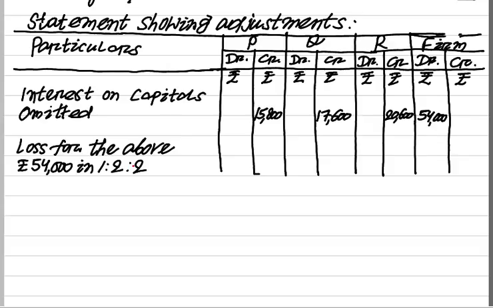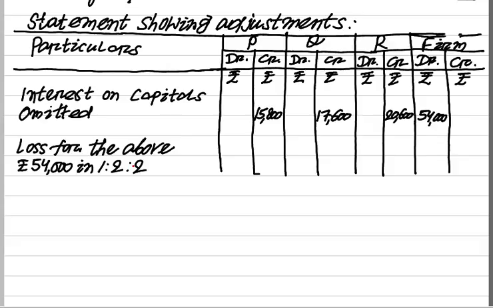The mistaken portion only, not 60,000. This 54,000 only. The rest 6,000 has already been distributed to them in the 1 is to 2 is to 2 ratio. The 54,000 will be distributed in the ratio of 1 is to 2 is to 2.